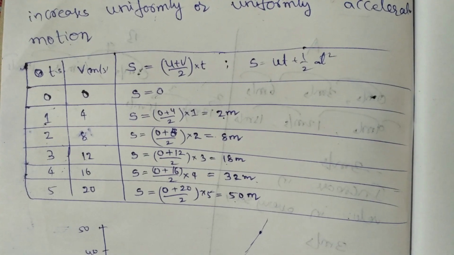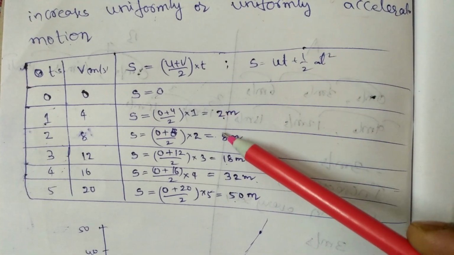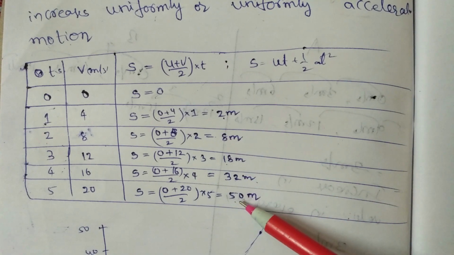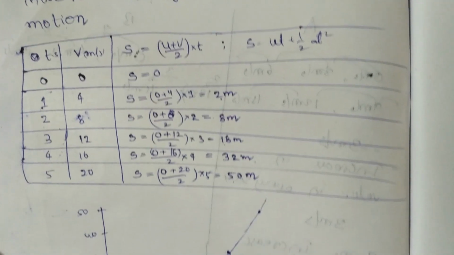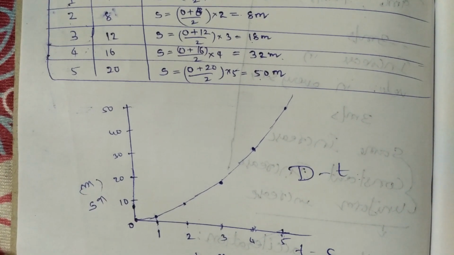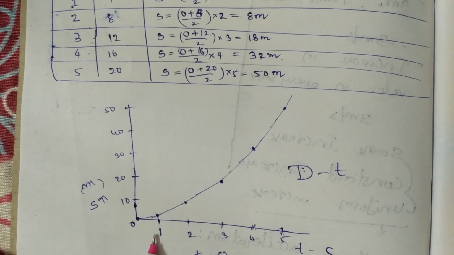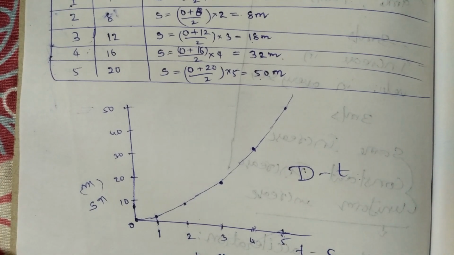Now, if you observe, the displacements are 2, 8, 18, 32, 50. So we better go with 10 units on the y-axis as displacement or distance. On the x-axis, we take time in seconds: 1, 2, 3, 4, 5.